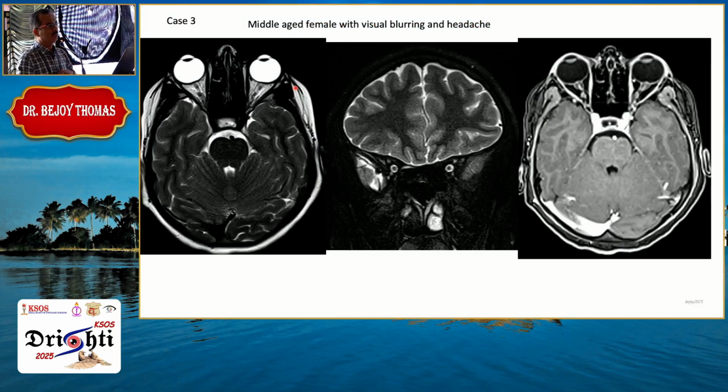This is a middle-aged female with visual blurring and headache. Whenever a patient comes with an acute or relatively acute onset visual blurring and headache, we can go directly for an MRI, because that is the gold standard. One thing I would like to highlight is that there is a tendency to initially do a CT scan followed by an MRI if needed.